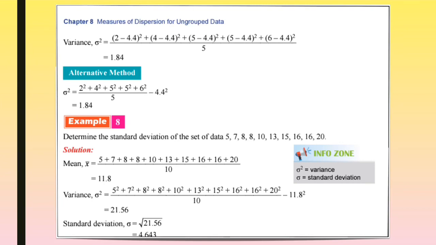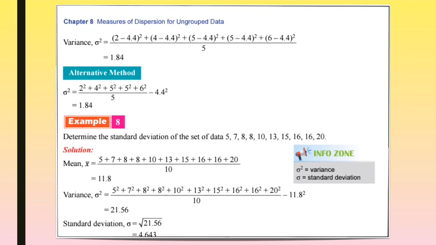But you must know both formulae, okay? Both are important, especially the first one, because it tells you the meaning of the variance. So you can use two ways to do variance. If they ask for standard deviation, you just square root your answer.